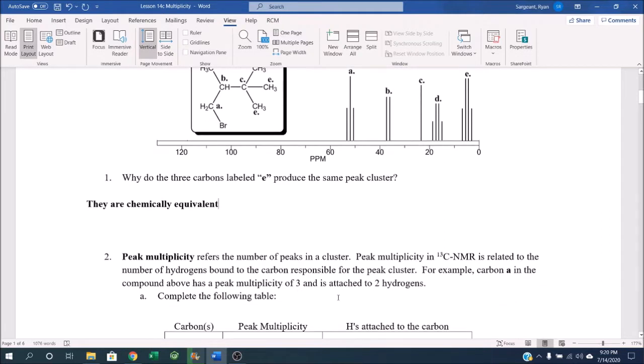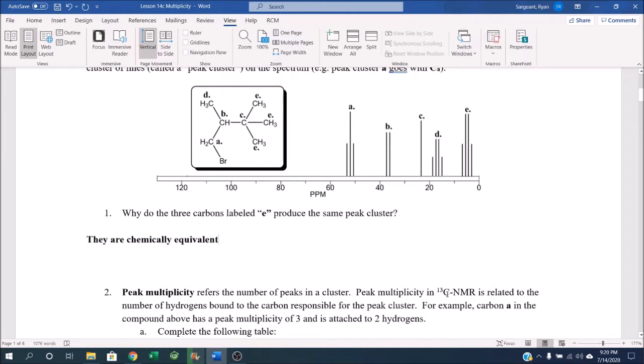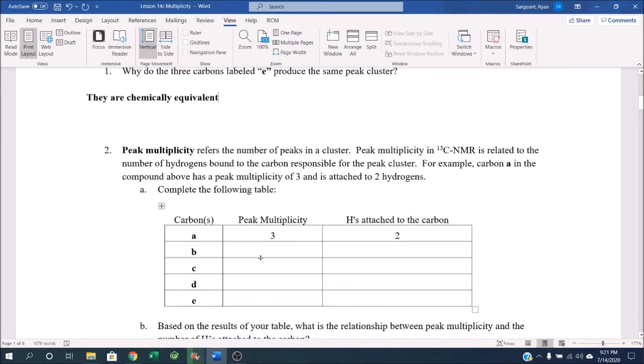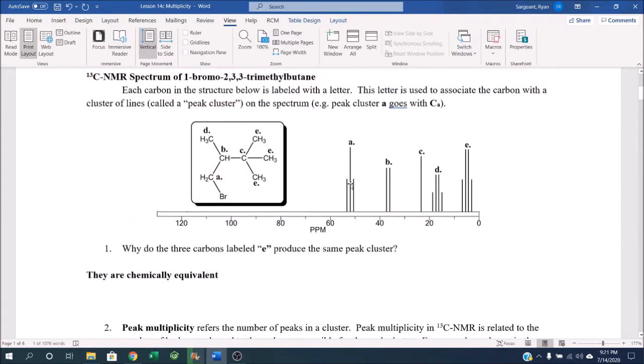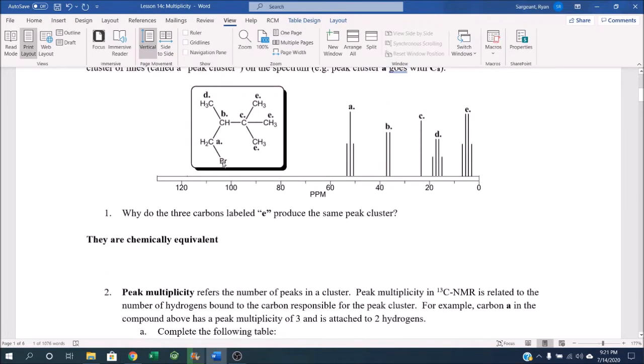Peak multiplicity refers to the number of peaks in a cluster. So in this C-13 NMR diagram right here, carbon A has 3 peaklets in the cluster, and so we can go ahead and assign it a peak multiplicity of 3, meaning that there are 3 sub-peaks that collectively comprise this entire cluster. And if you look at carbon A, there are 2 hydrogens attached to it.